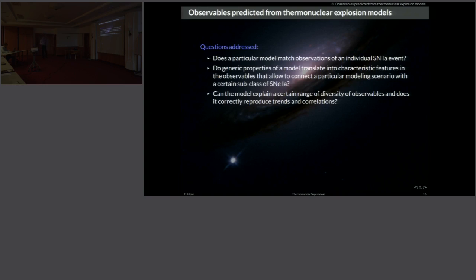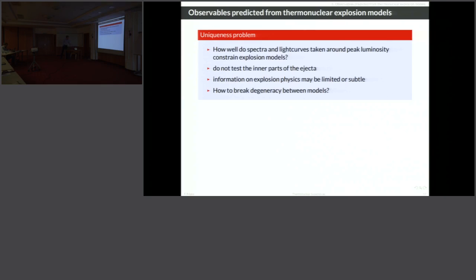And in the end, of course, the final goal is to explain with such models the range of diversity of observables, and in particular to reproduce the trends and correlations that are seen between these observables. The most famous and most important here is, of course, the width-luminosity relation that is used to calibrate type Ia supernovae as distance indicators in cosmology.